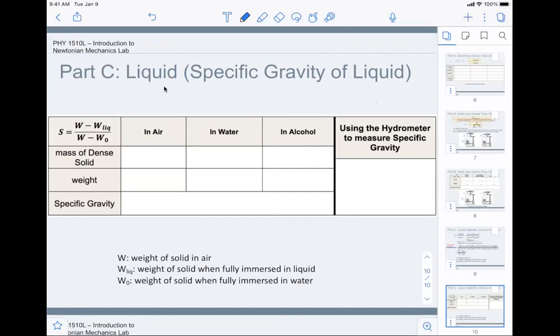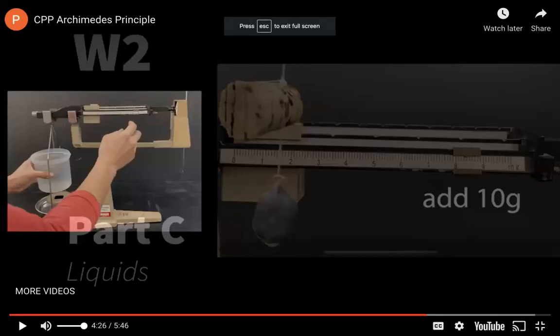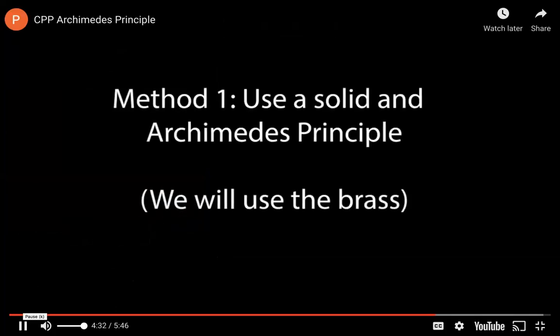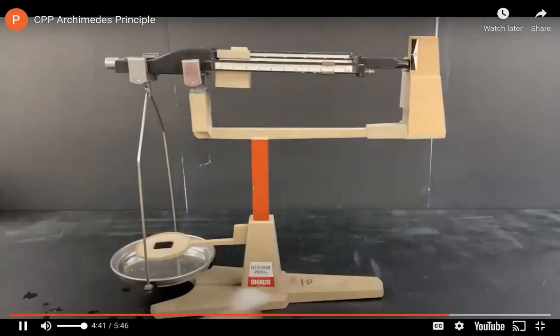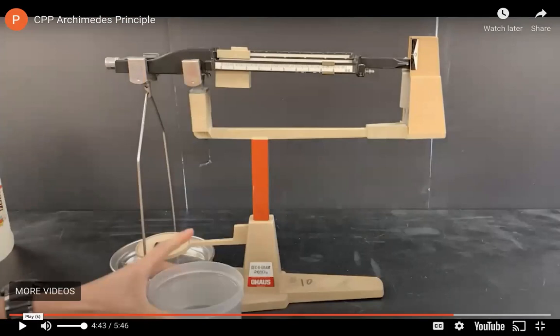Okay, so let's take a look at their measurement. So they need to rely on one solid object to immerse in liquid and water.